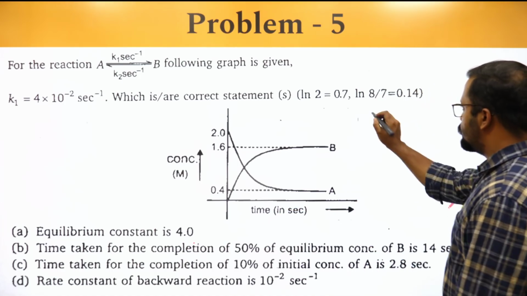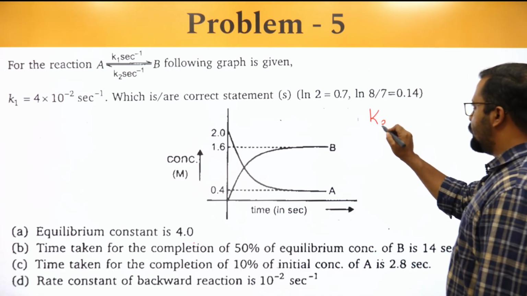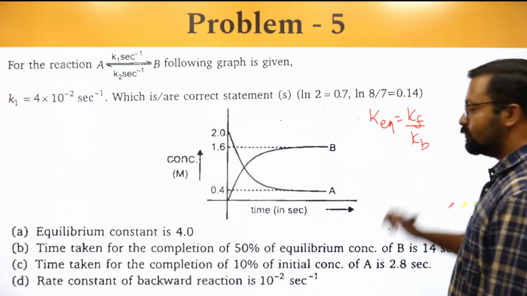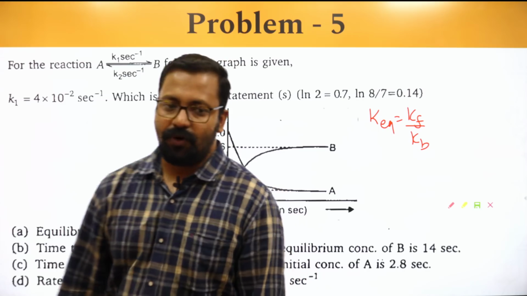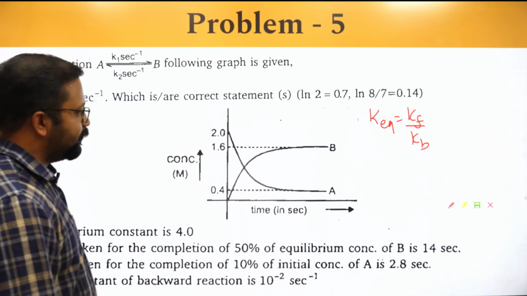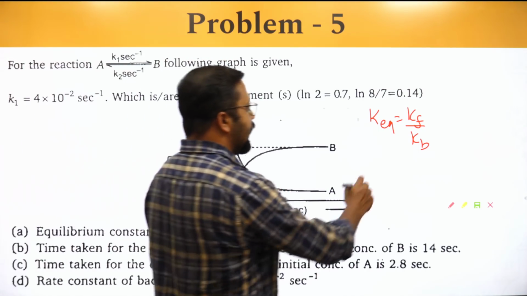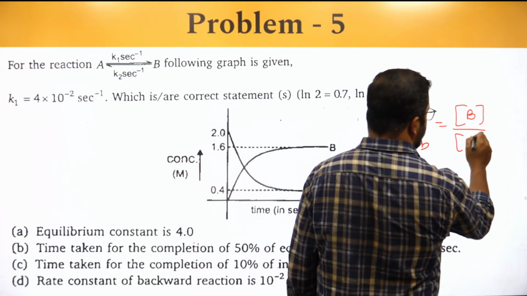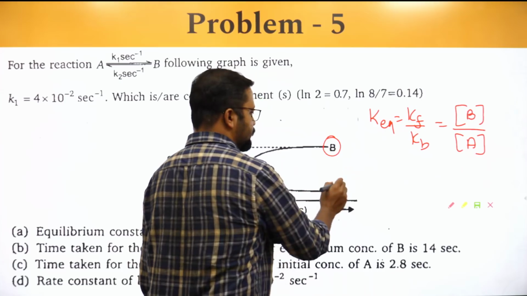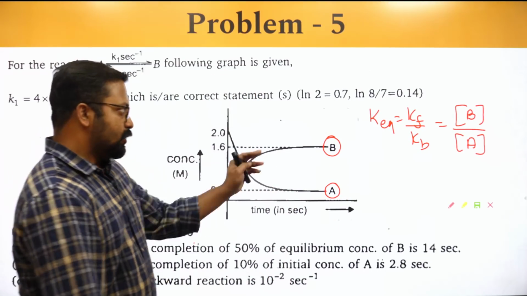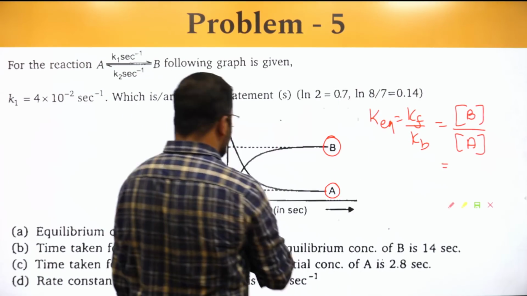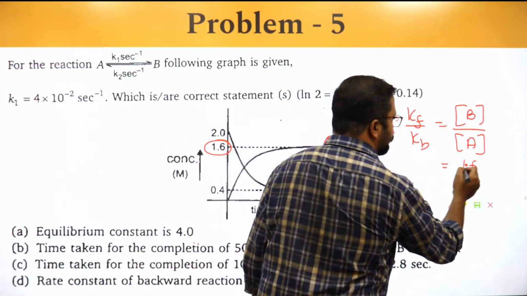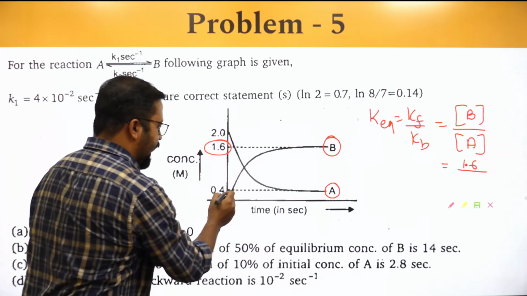How do we know that? Remember this, guys. Equilibrium constant is K for forward by K for backward. Also, I can write this as product concentration, which is B, by reactant concentration, which is A. What is the amount of product? 1.6.